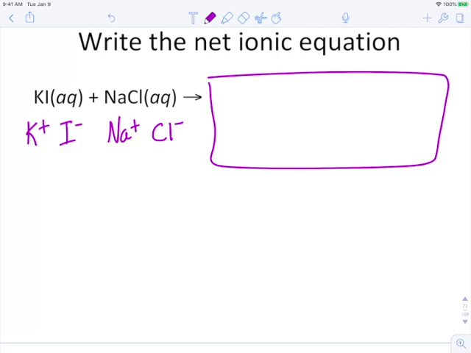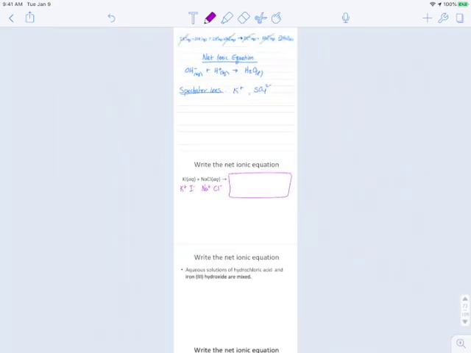How are we doing? Does anybody still need the slide that's up on the screen right now? All right, so it looks like most of you have this written down. Anyone still want this slide up? Okay, so let me switch back to that solubility table for you.